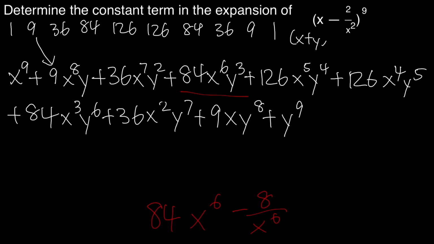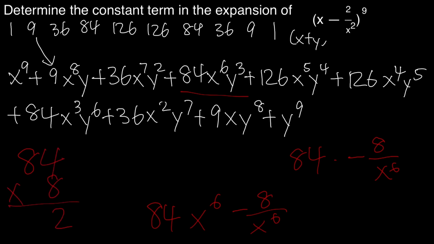Now the next thing we want to do is to multiply the part that has an integer with the coefficient, which means we're going to multiply 84 by negative 8. Now some simple math here. 84 times 8, 672.